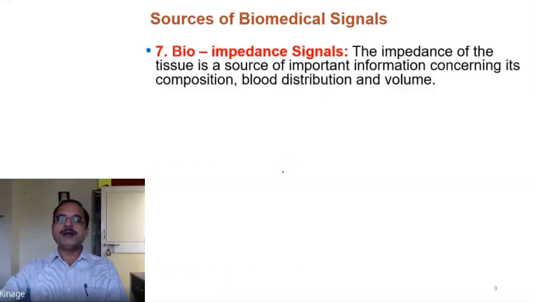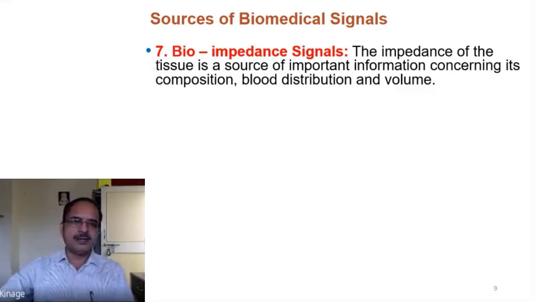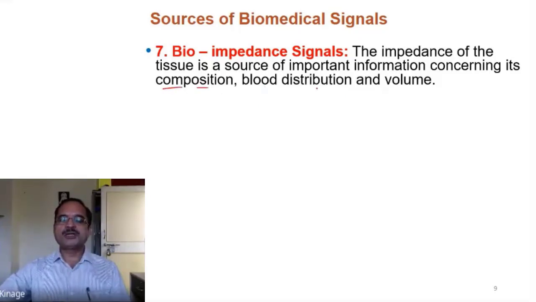Then bioimpedance signals. So our human tissues or any tissues of any biological system have certain impedance because of the particular composition. That means the blood distribution or the volume of liquid and so on. So because of that, the impedance may be different. So this impedance can be measured by using some instruments.